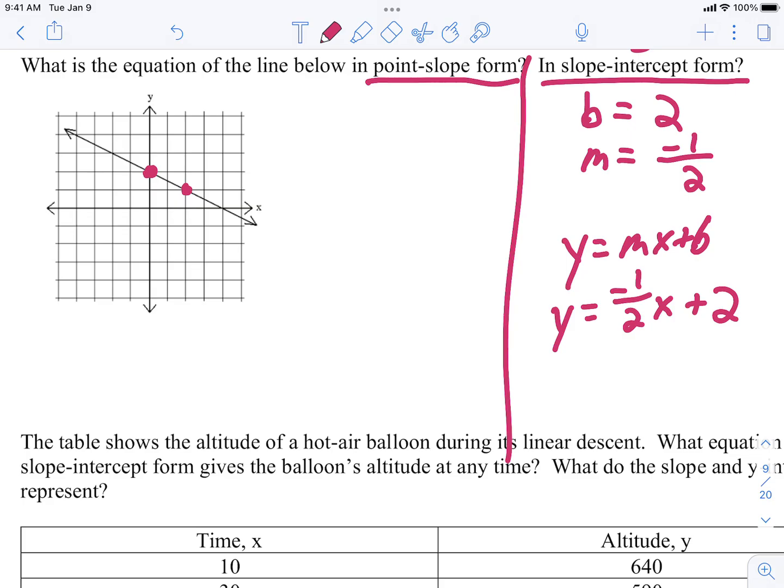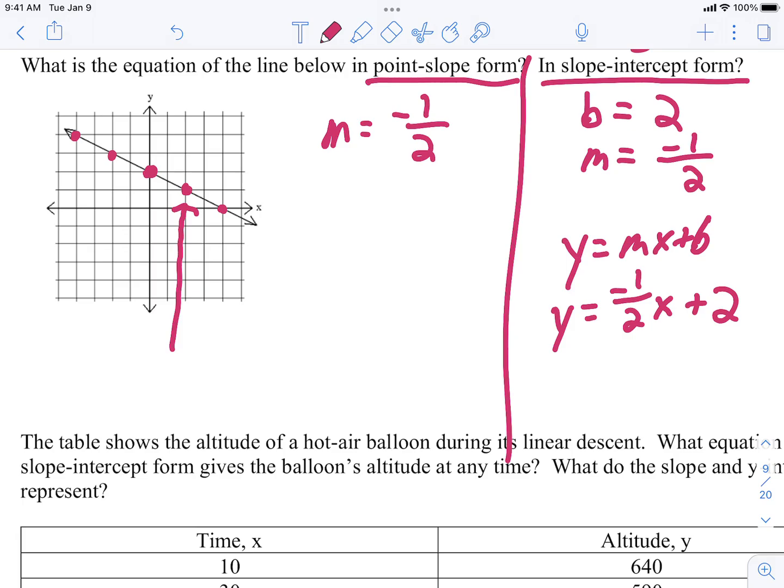For point slope form, we just need a point and we need a slope. We already know the slope because we just found it on the right. And then a point, you can pick any point on that graph. Any point you want that has a clean intersection point. I'm just going to pick that point.